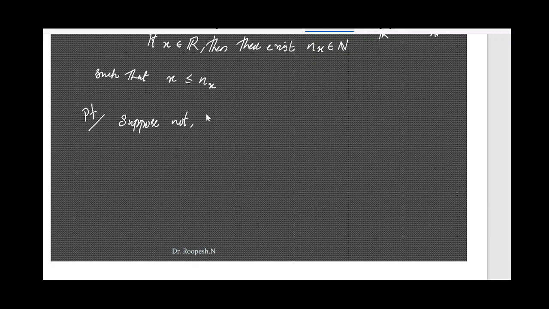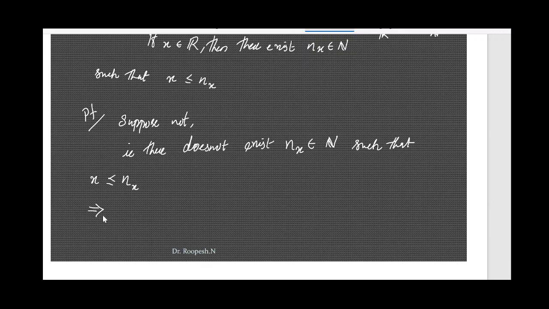Suppose there does not exist some nx belongs to N such that x is less than or equal to nx, which implies n is less than or equal to x.